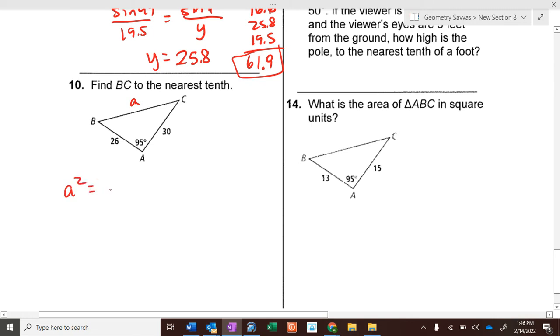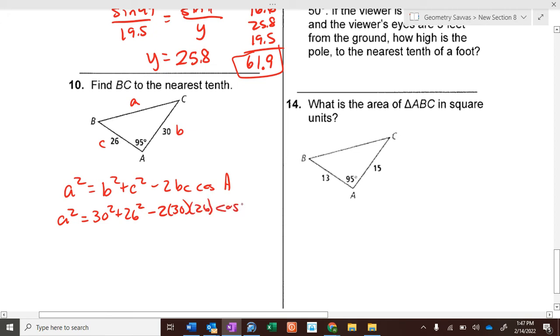So a squared equals b squared plus c squared minus 2bc cosine of A. So a squared is equal to 30 squared plus 26 squared minus 2 times 30 times 26 cosine of 95. So a squared equals some big number, about over 1,000, I bet.